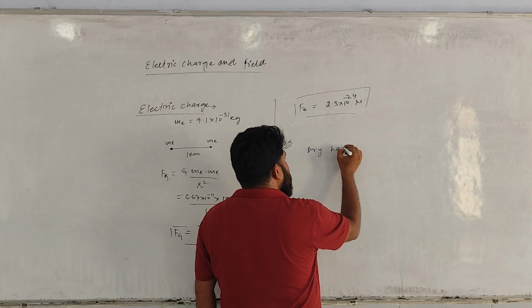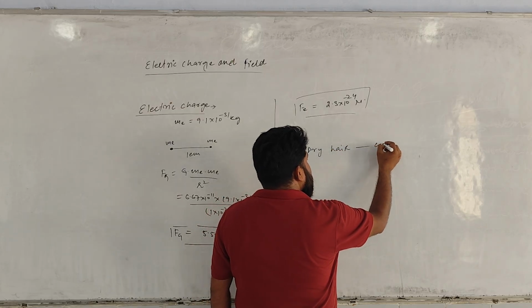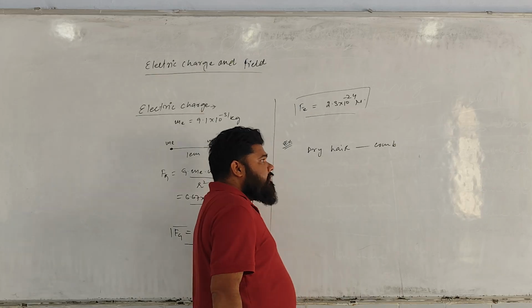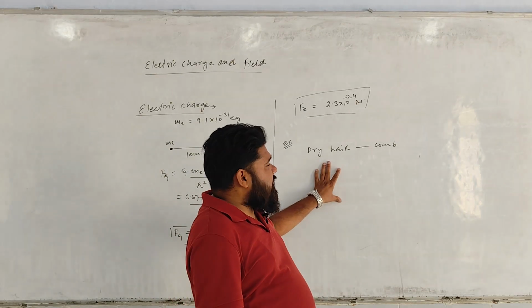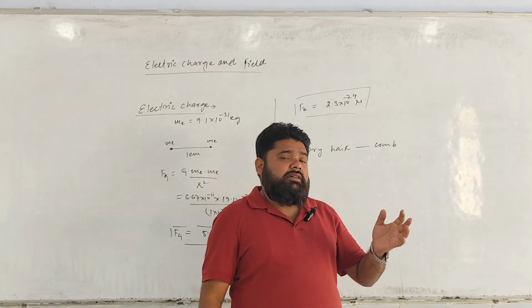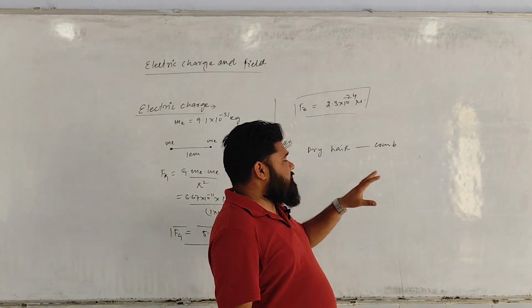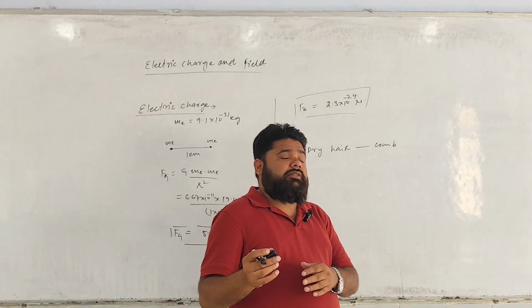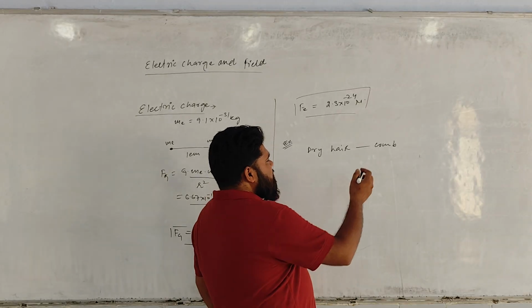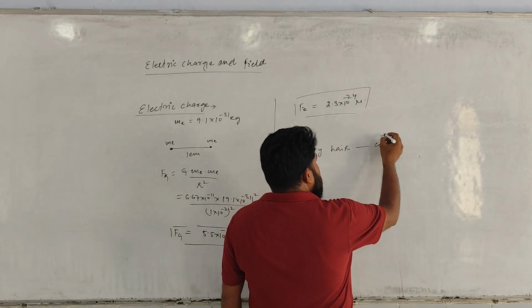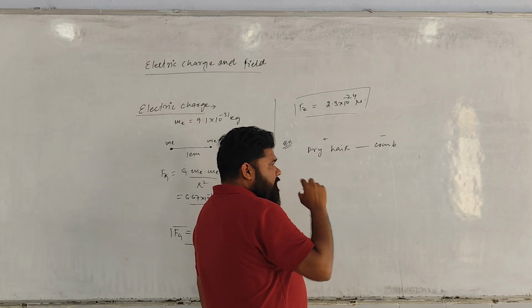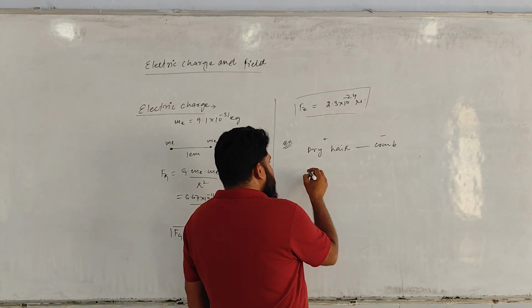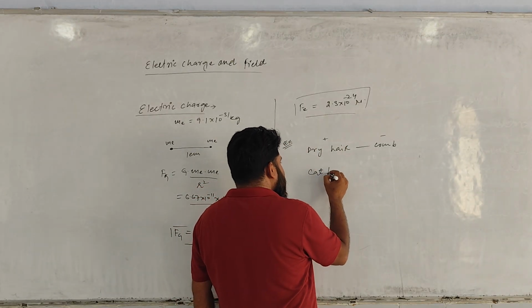The comb and dry hair get different kinds of charge. The comb becomes negatively charged, and the dry hair becomes positively charged.